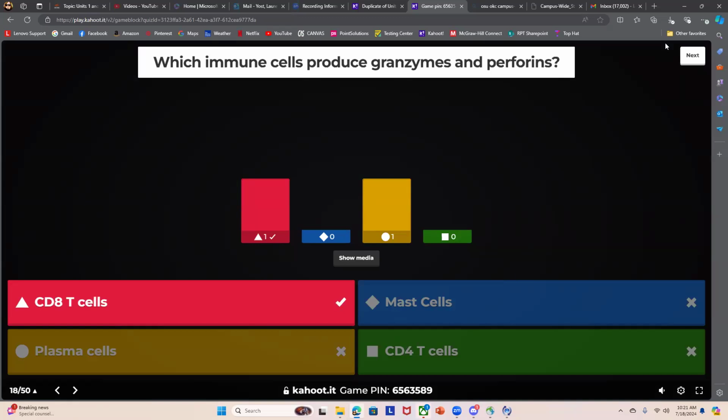They get activated from maybe coming into contact with your lung cells that have been infected with the flu virus. And so they'll just be chilling, going around, and they'll see that. They'll have to get a second signal from the helper T cell in order to fully activate, because we don't want them just going around killing every lung cell or every body cell. So they get all these secondary signals. And we often get that signal presentation from a macrophage that was in the area first. But if that isn't the case, even if that isn't the case, it can happen at the site of the cells themselves.